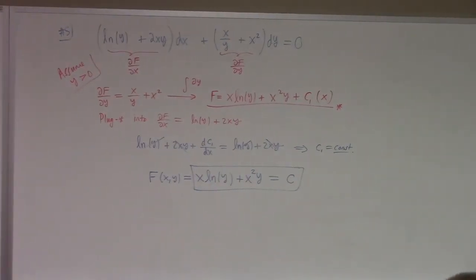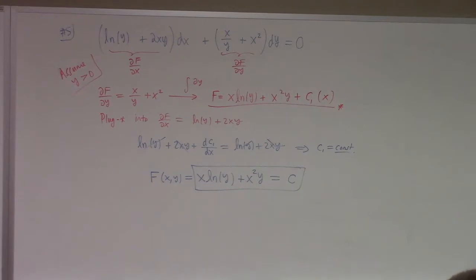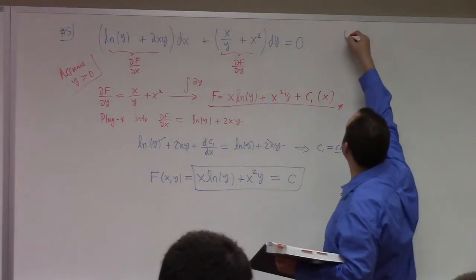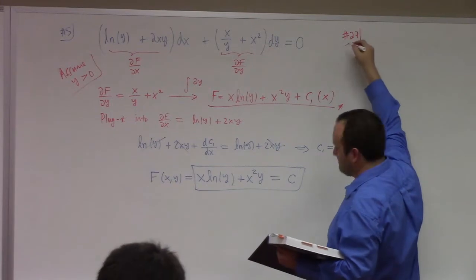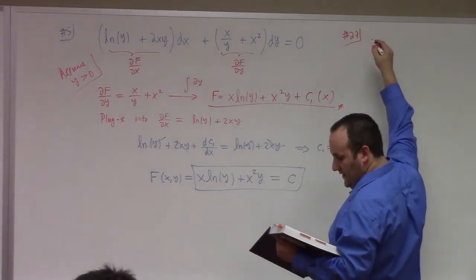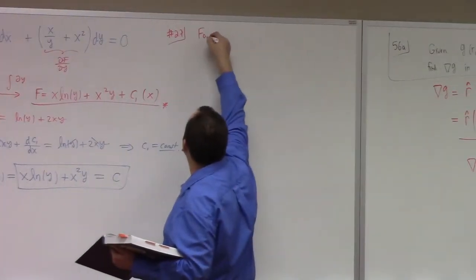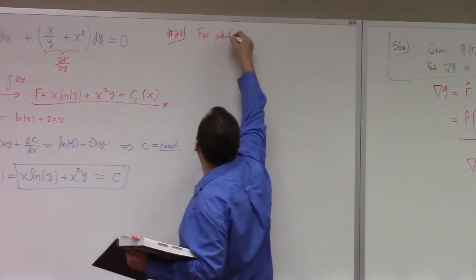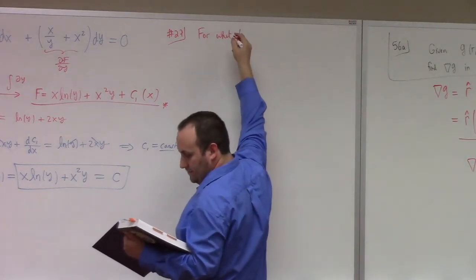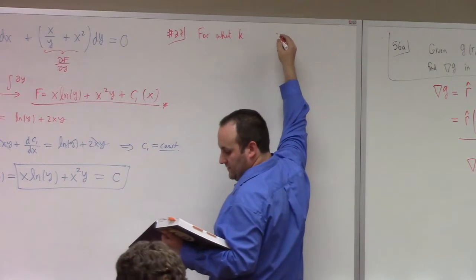Let's see here. Is there another one we should do? How about number 27 in the same section 19.2? For what values of k is the following equation everywhere exact?